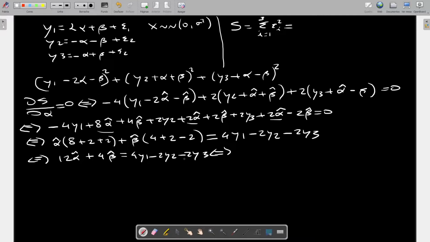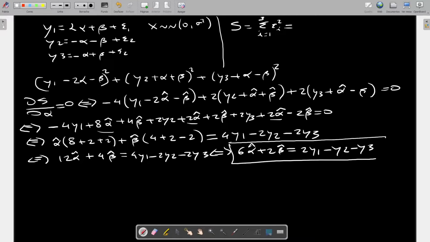You notice that 2 is common to both, so we can get this in the initial form of 6 alpha plus 2 beta equals 2 y1 minus y2 minus y3. That's all we're doing here. So this is our first expression.